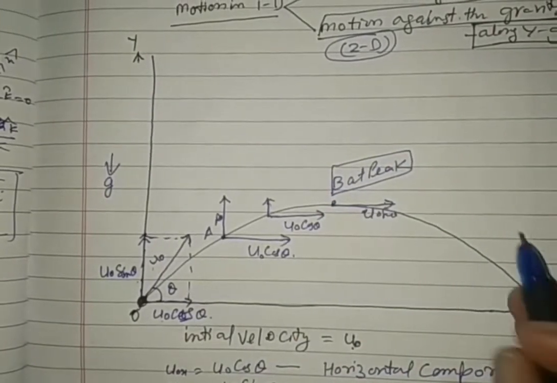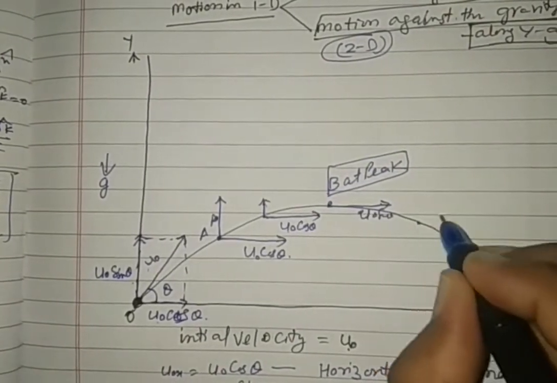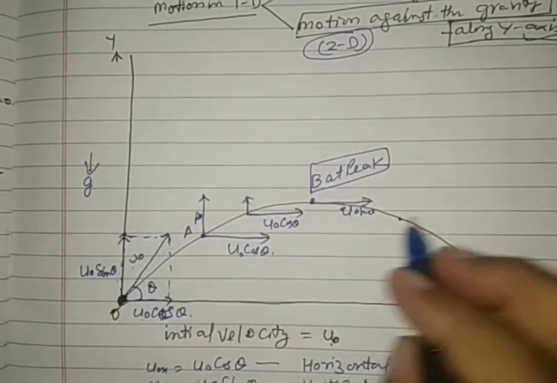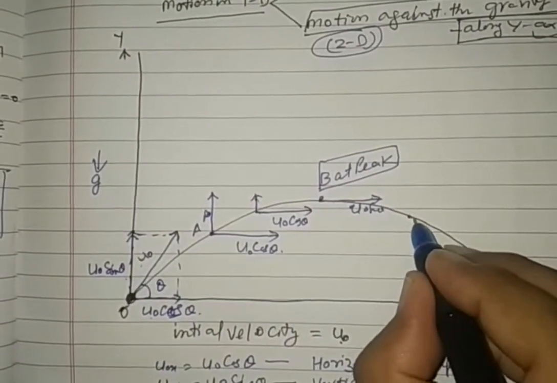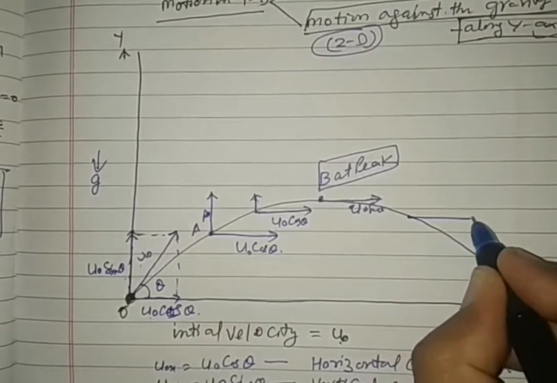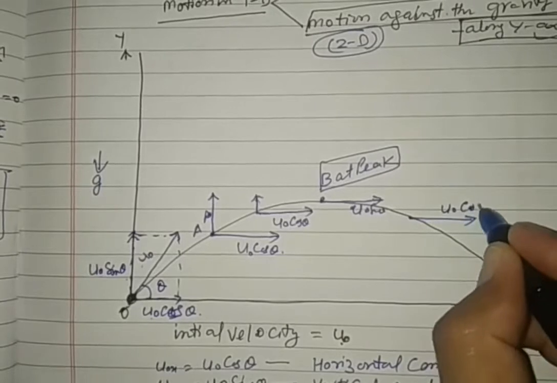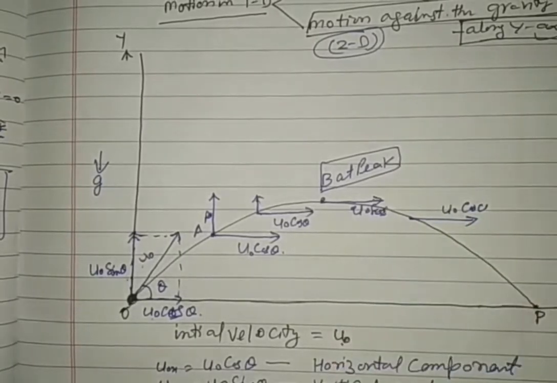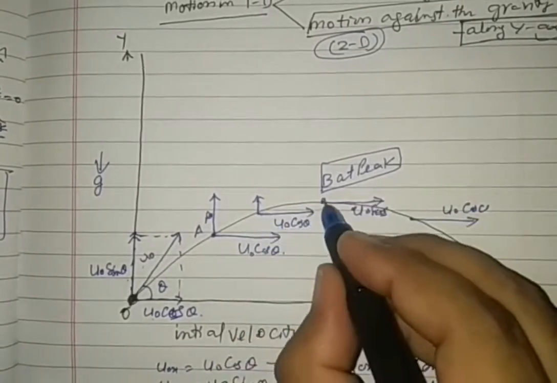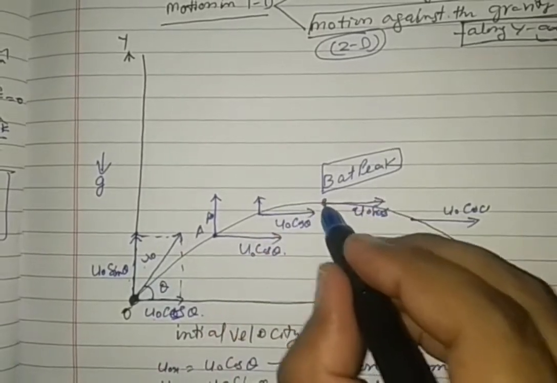Now see, when it has reached this point after half the path, the horizontal component has no change in its value, u naught cos theta. Its vertical component here becomes 0.